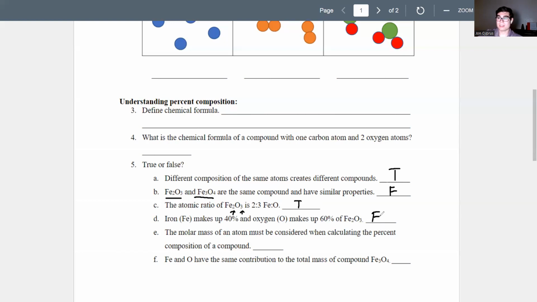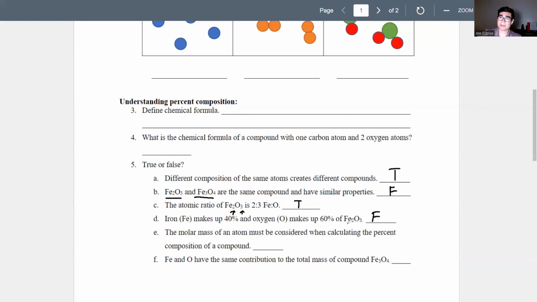This is false. This percent doesn't account for the mass of each atom. If you look at your periodic table, at the mass number from that last worksheet, iron weighs significantly more than oxygen. Oxygen is 16. I think iron is about 58.4.